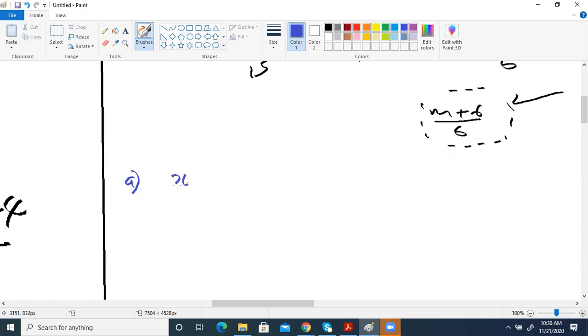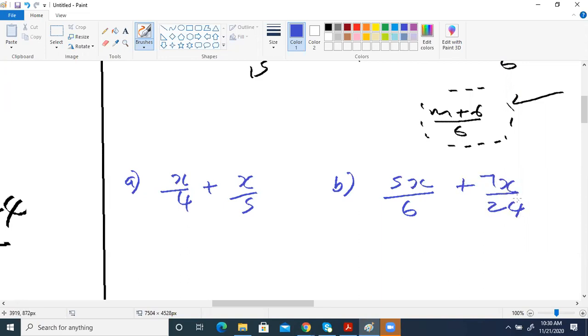Something like x over 4 plus x over 5. See how that's simple? And then let me see how you tackle 5x over 6 plus 7x over 24. Now do this immediately.